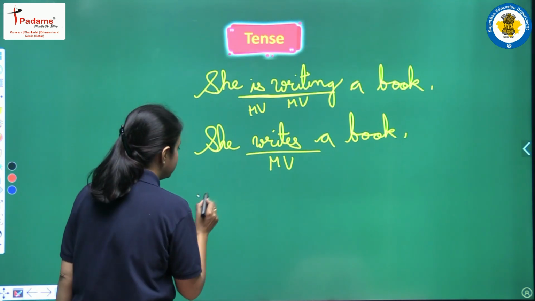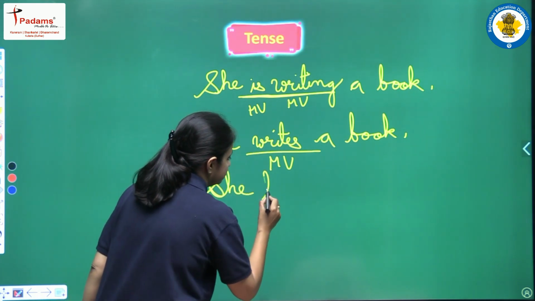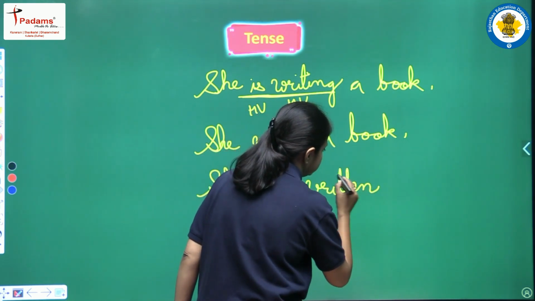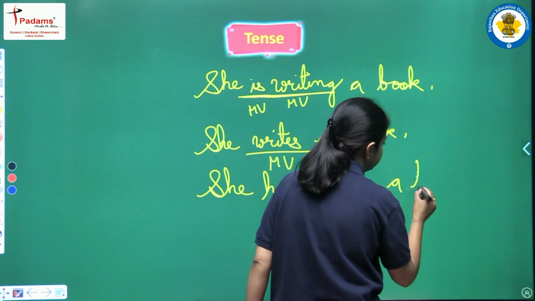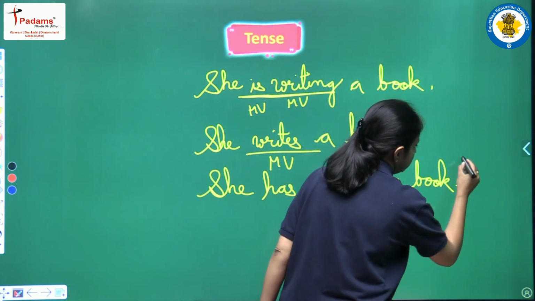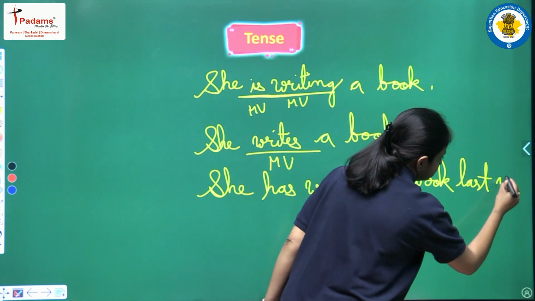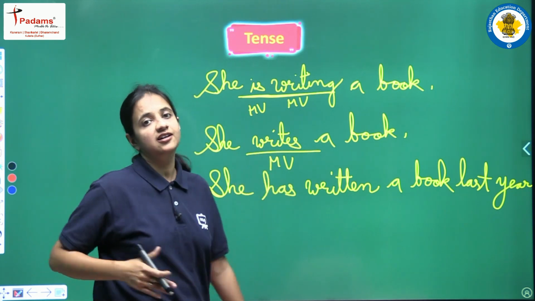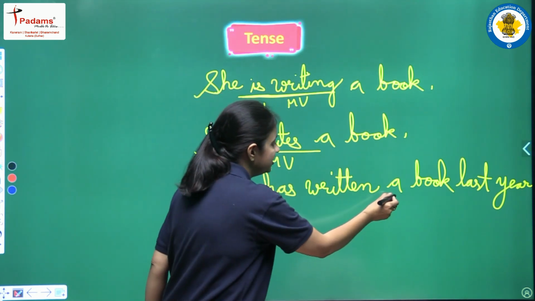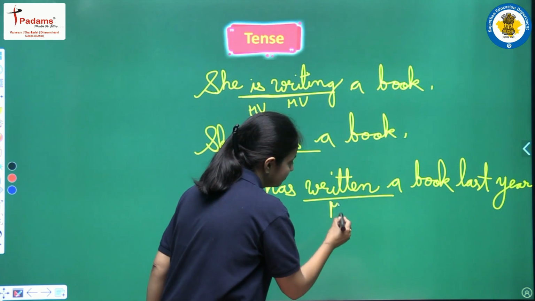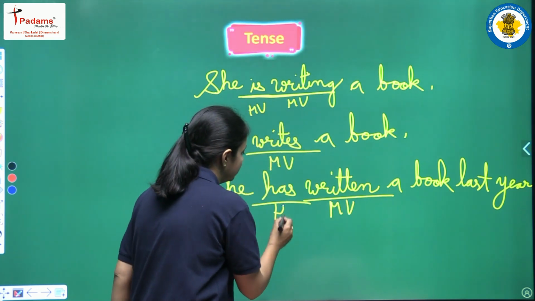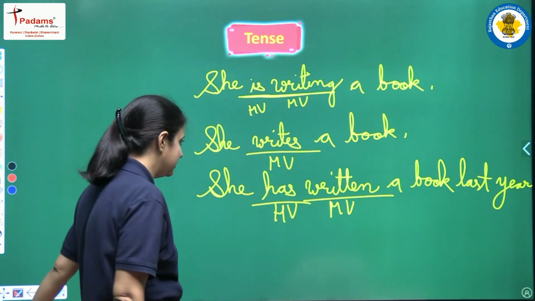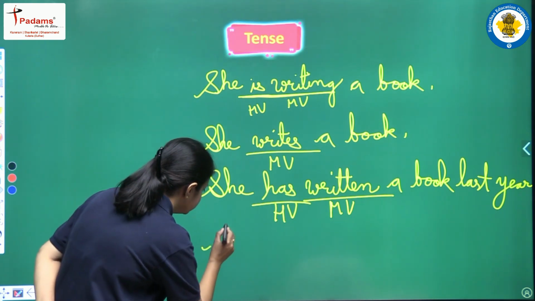And again we can see that she has written a book last year. Okay, so now we are having the sentence she has written a book last year. So now we are having written as our main verb and has is the helping verb. So again we can see a different form of write that is there in this sentence. And let's see one more sentence.